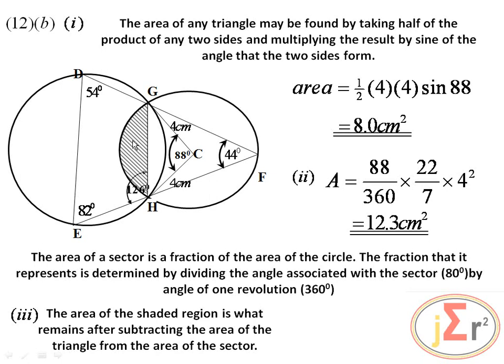The area of the shaded region is what remains after subtracting the area of the triangle from the area of the sector, which is basically a nice and easy way to finish the problem, although on the whole the problem itself is not very difficult. So things are not always as difficult as they seem.